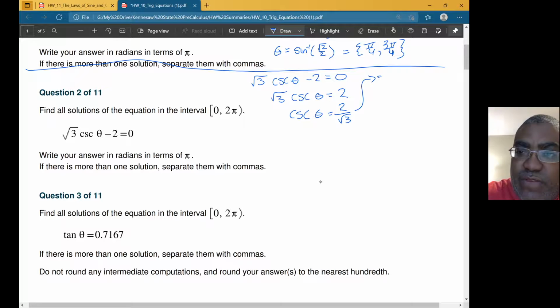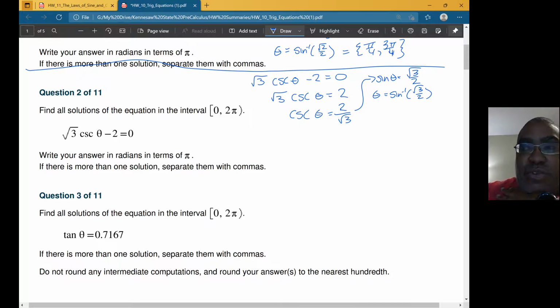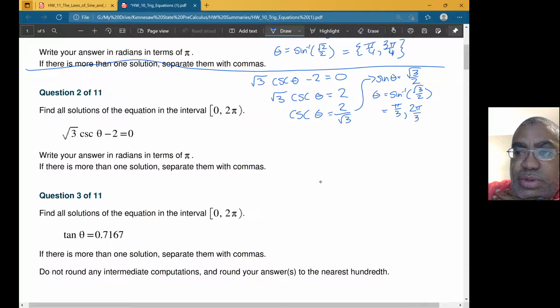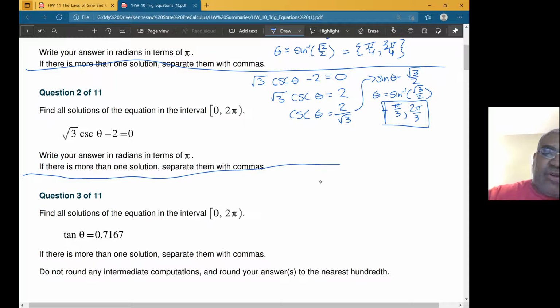So sine of theta is equal to root 3 over 2, or theta is equal to arc sine of root 3 over 2. Where does sine equal root 3 over 2 from 0 to 2 pi? That is pi over 3 and 2 pi over 3. Pretty easy, right? These aren't bad. Mostly.